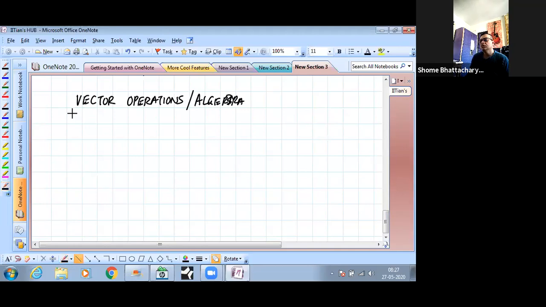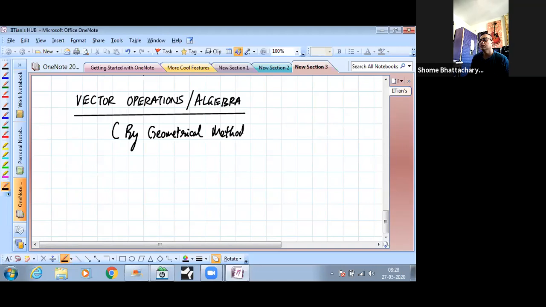Of course, this is with respect to the geometrical representation of vectors. You can say all this is by the geometrical method for representation.